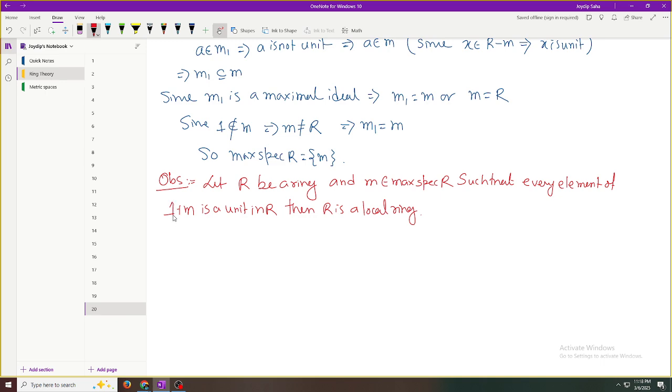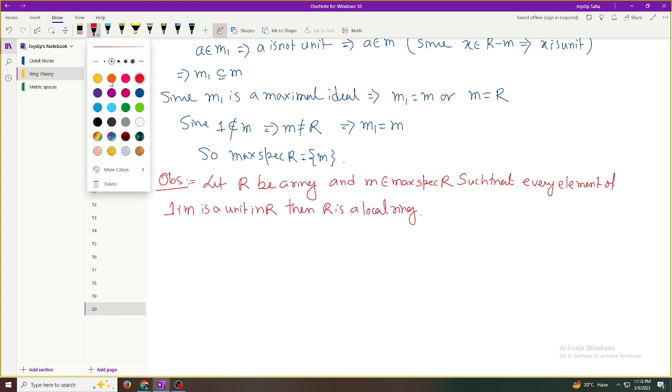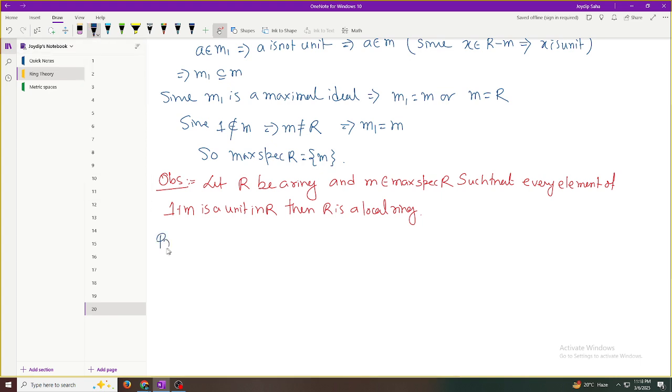Proof. Let x be in R minus M. Consider M plus xR, the ideal generated by M and x.